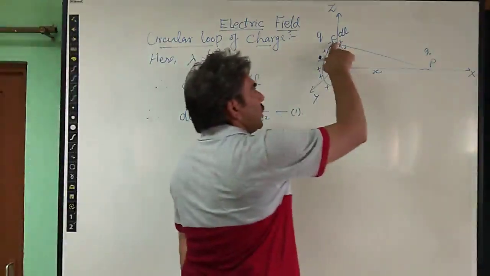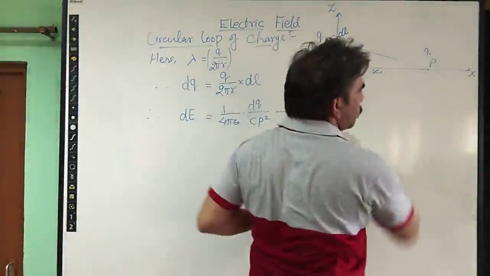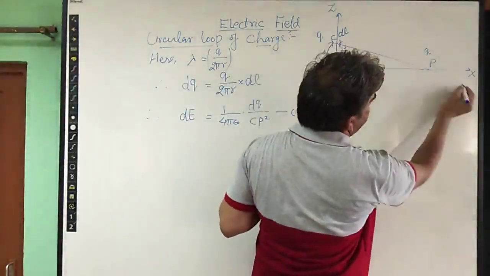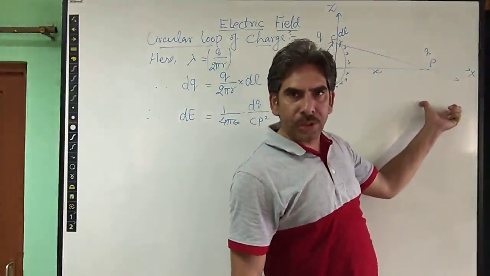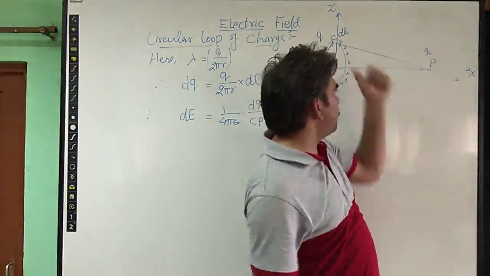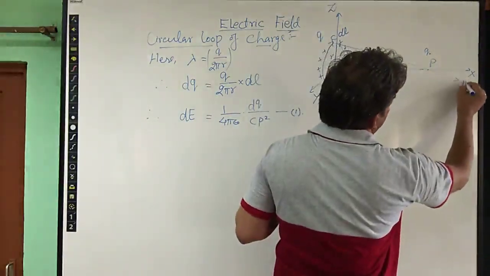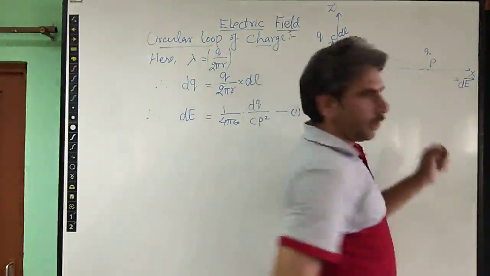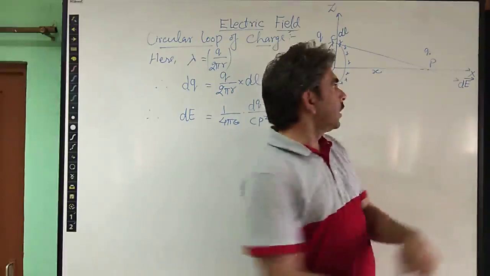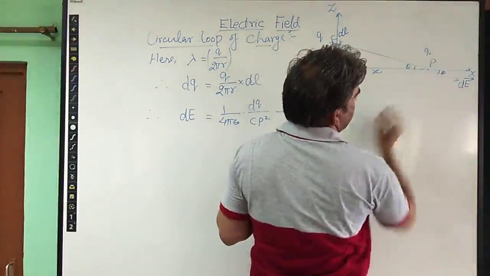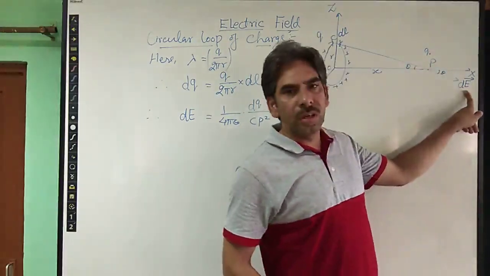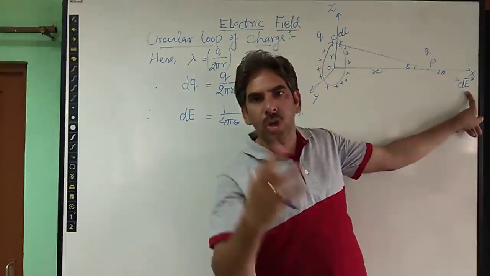The electric field due to this positively charged small length element dl will be directed away, as we have discussed earlier through the diagrams. The electric field due to positive charge is directed away from the positive charge, so it will be along this direction. So dE will be along this direction. You can take this angle to be theta, and therefore this angle is also theta. This electric field can now be supposed to be of two components.